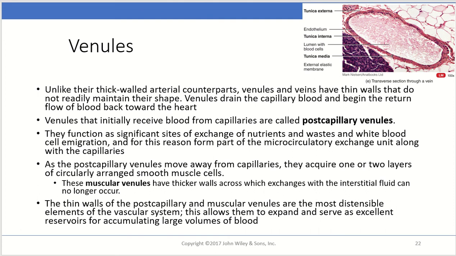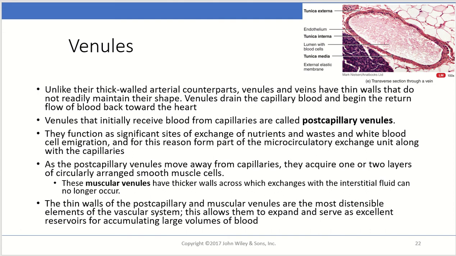The venules that initially receive blood from the capillaries are called post-capillary venules. That makes sense. They function as a significant site of exchange for nutrients and waste, as well as white blood cell immigration, and for this reason they form part of the microcirculatory exchange unit along with the capillaries.